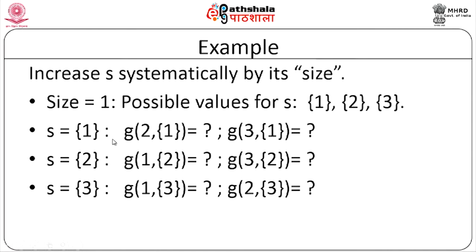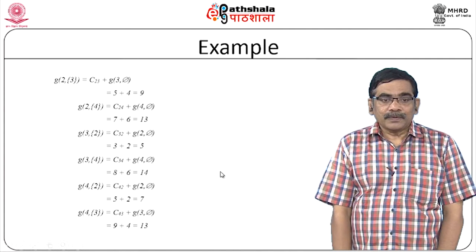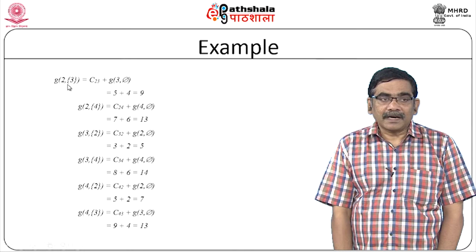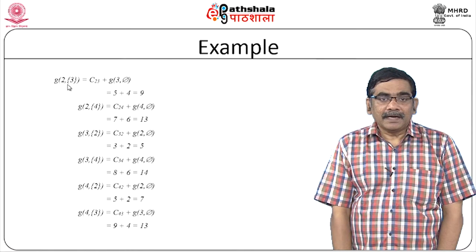Therefore, if S is going to be 1, then we have to find g of 2 comma 1, then g of 3 comma 1, then if S is going to be 2, we have to find g of 1 comma 2, like that. So, in other words, it becomes like this. What is the cost of starting from 2 and going via the vertex 3?